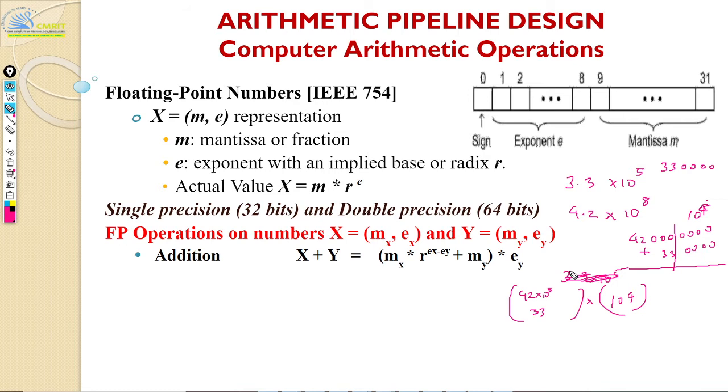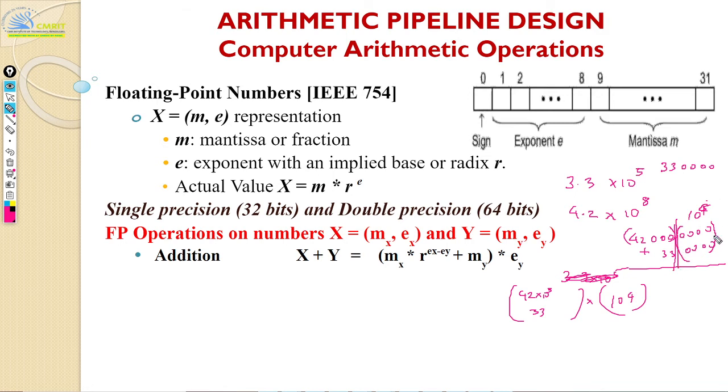So essentially what you're doing is normalizing the exponent part. You're bringing them both down to the lowest exponent that is common. In this case it becomes 33 into 10 power 4. And here you can make 42 into 10 power 7 as 42,000, 42 followed by 3 zeros, into 10 power 4.